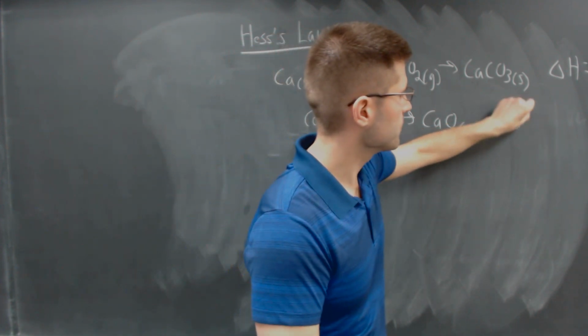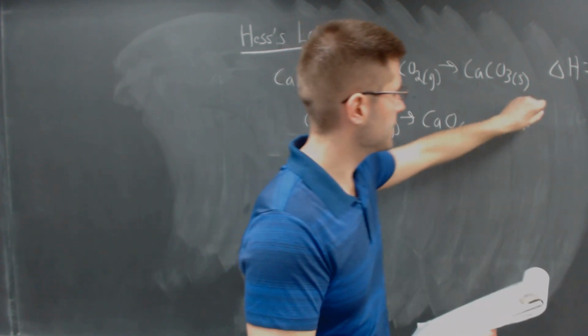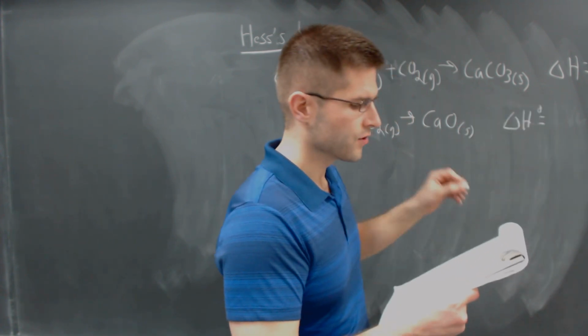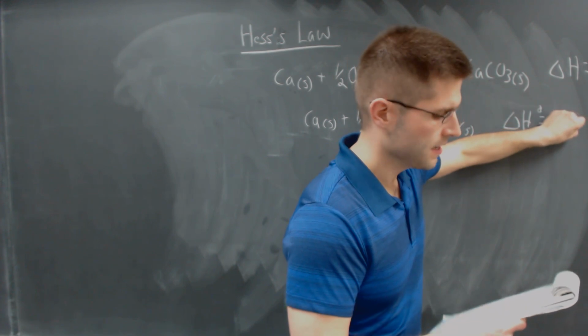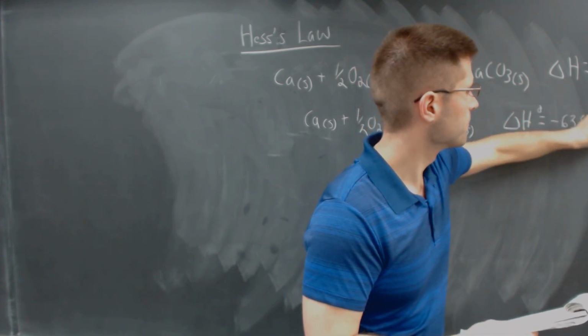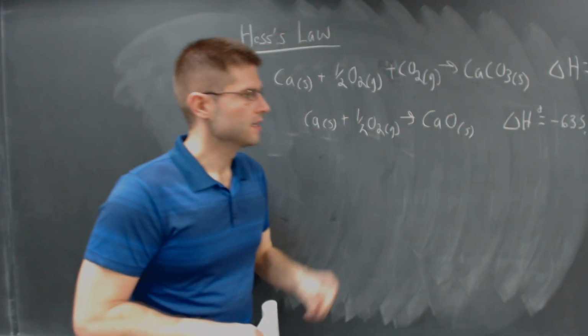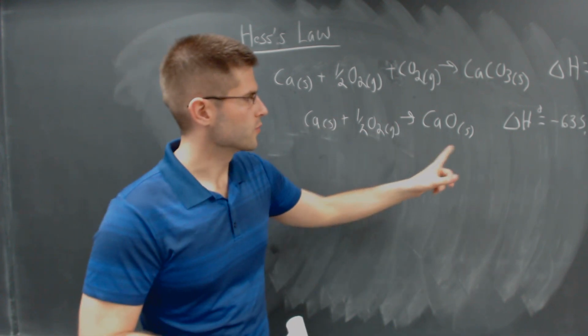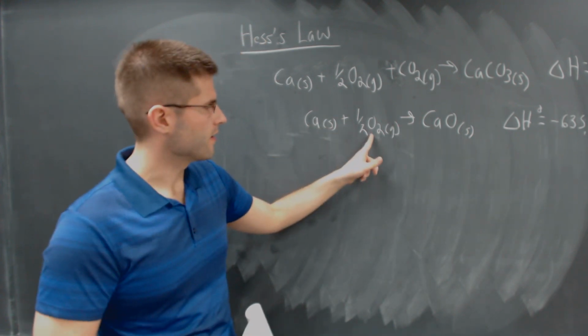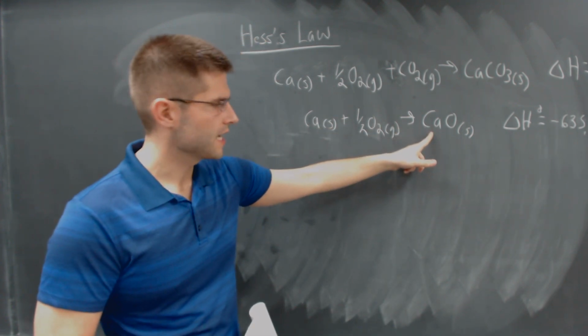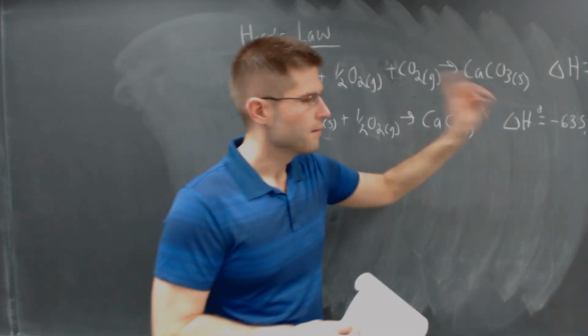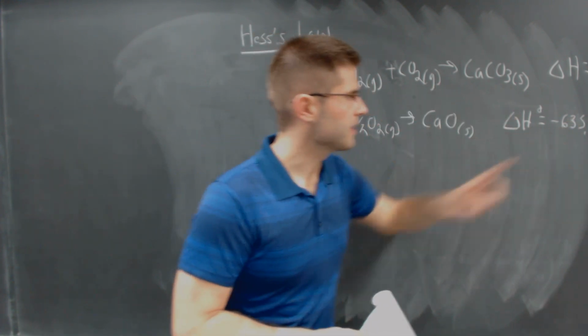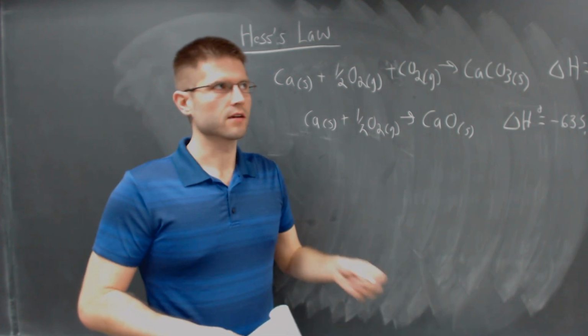And in the table in your textbook, the standard enthalpy of formation for this equation is negative 635.1 kilojoules. So we can see calcium plus 1/2 oxygen gives you calcium oxide, which is not exactly what we're looking for, but close, and we know what that enthalpy of formation is.